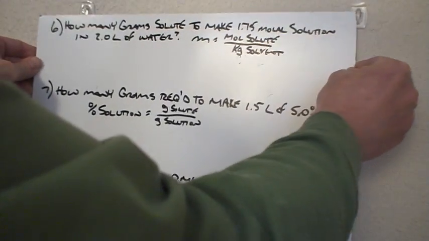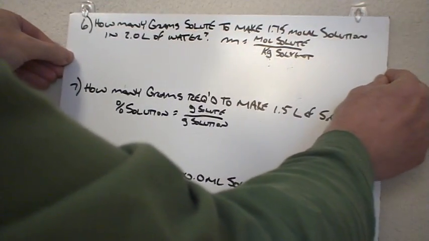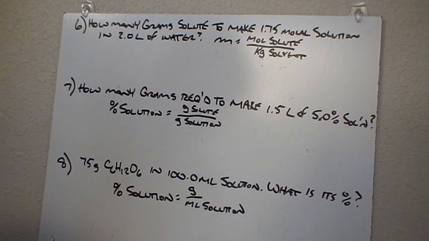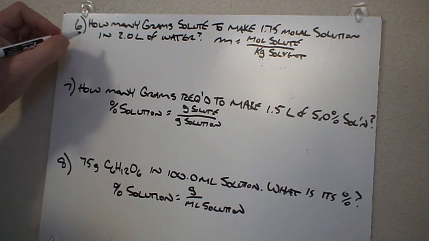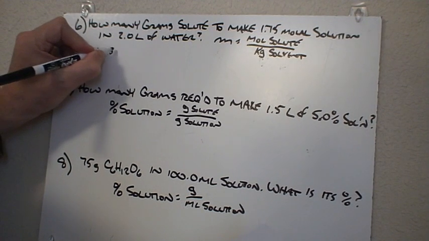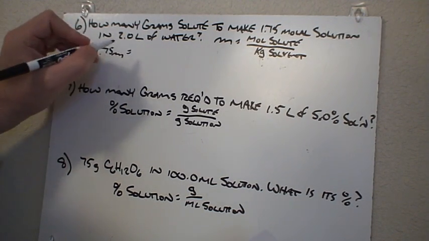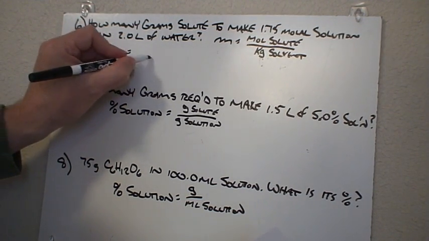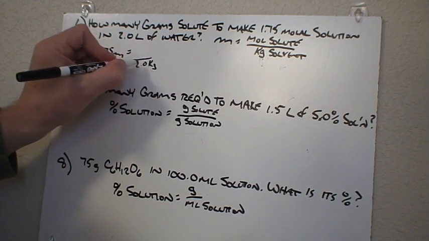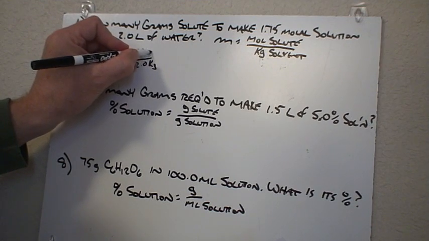We're looking at number 6. So in number 6, we say, I have a 1.75 molal solution. Okay, so 1.75 molal is my solution, and I have 2 kilograms, the same thing as 2 liters, so 2.0 kilograms of water, and so I'm solving for X, but that's going to be in moles.